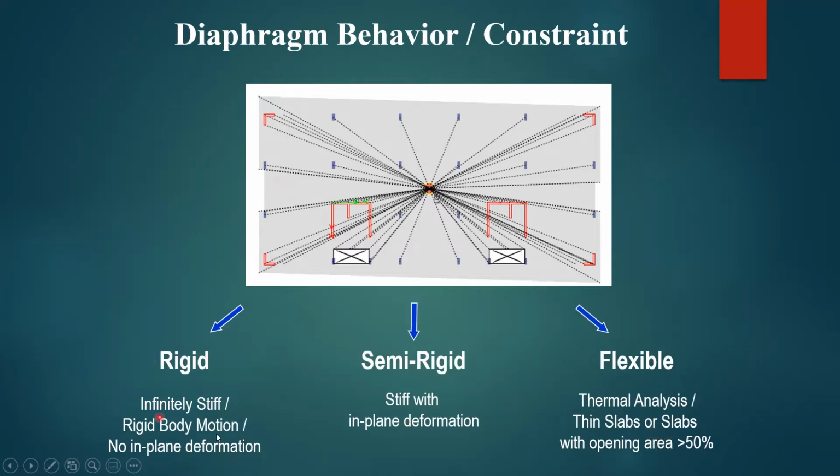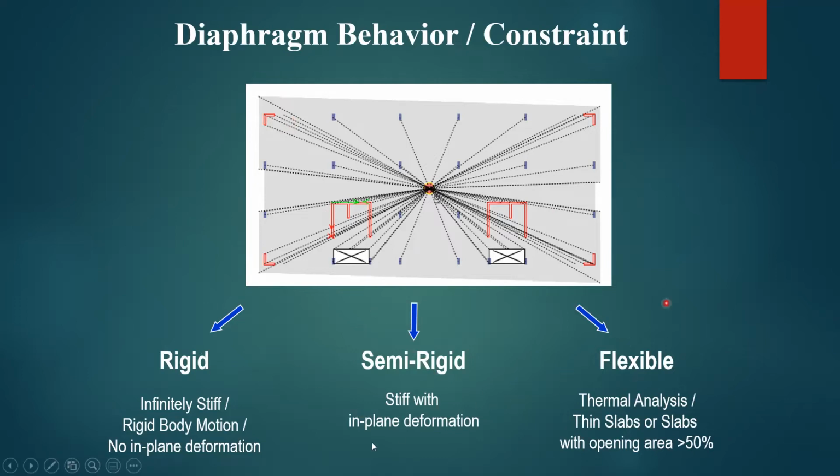Later in the modeling, we usually use rigid, because this basically depends on the stiffness of the slab with respect to the stiffness of the vertical element. If the stiffness of the slab is less than the stiffness of the vertical element, it can be between semi-rigid and flexible.